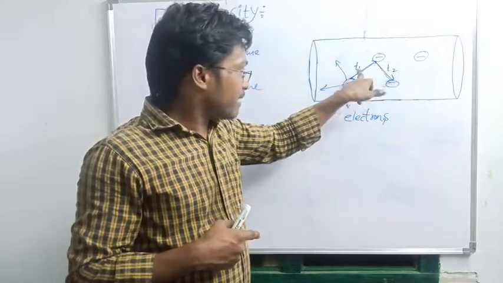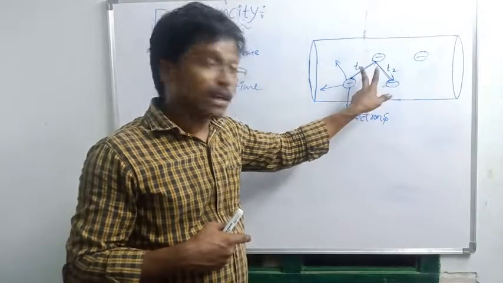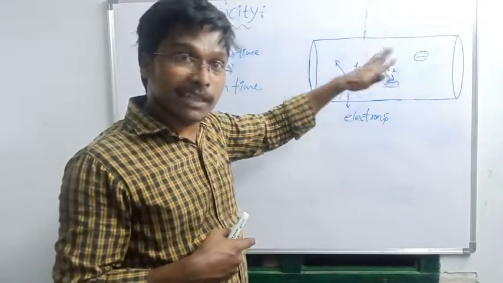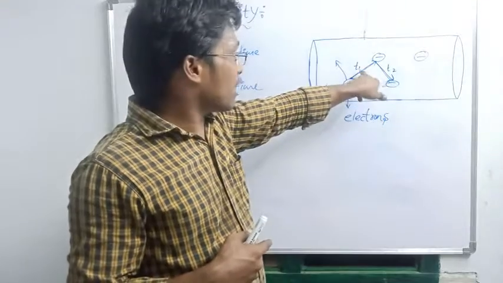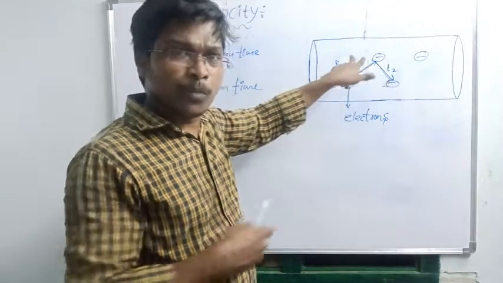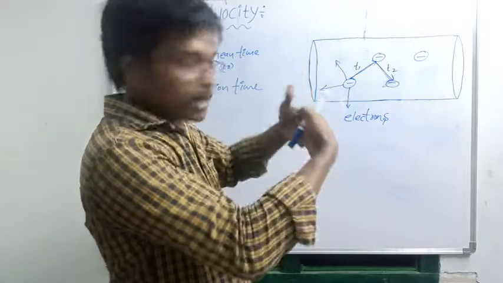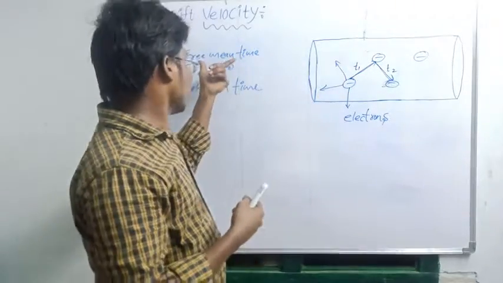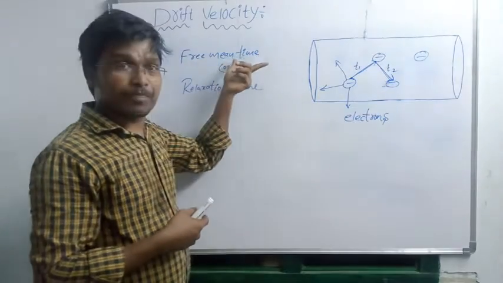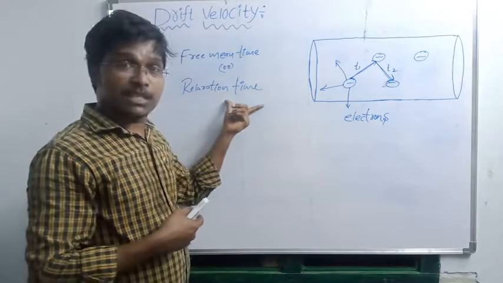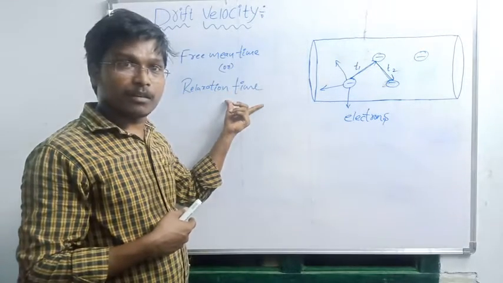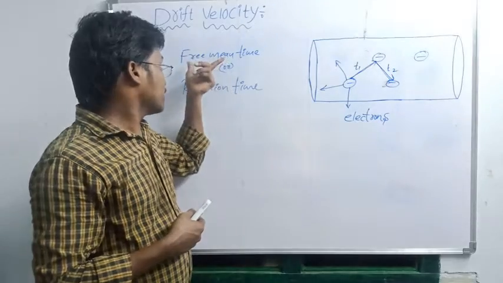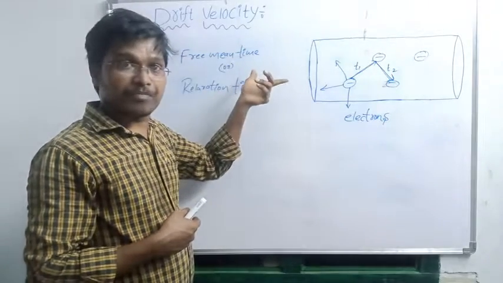So the average time between these two collisions, t1 and t2, is called free mean time, otherwise relaxation time.